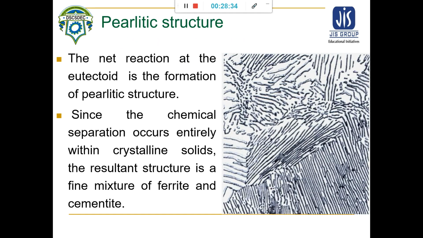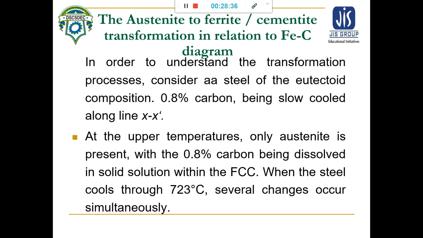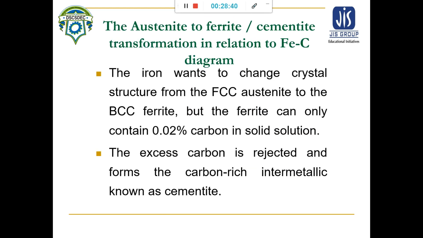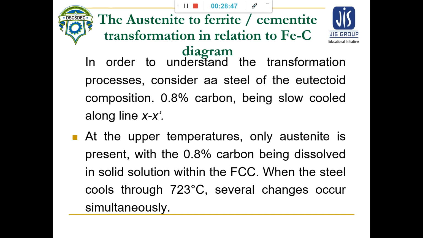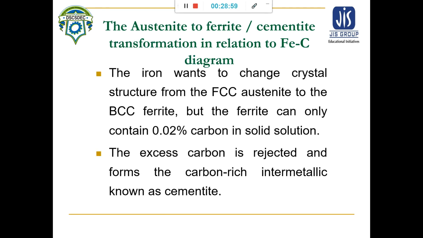So these are the austenitic to ferritic transformation. In this transformation, at the upper temperature only austenite is present, and in the lower part when it cools to 720 degrees Celsius, several changes may occur simultaneously.